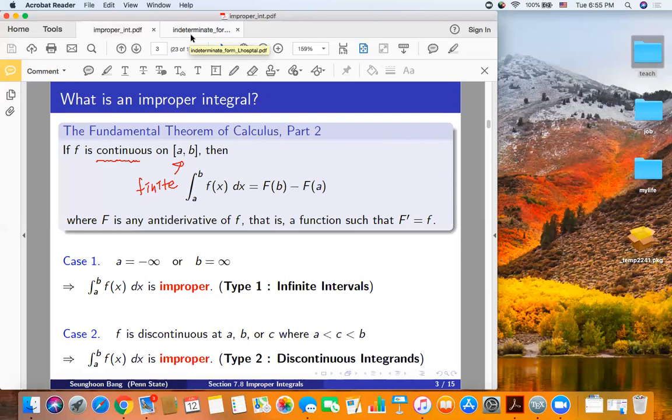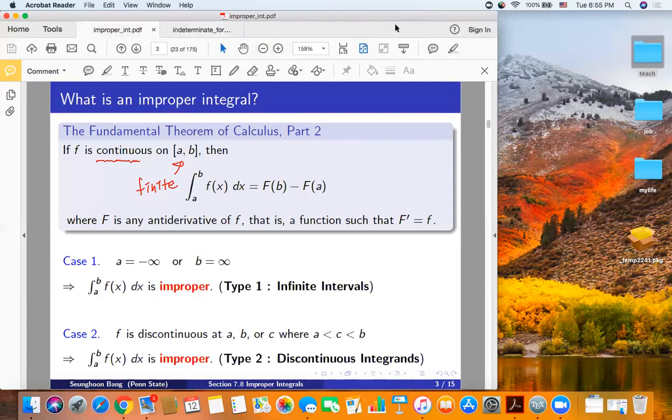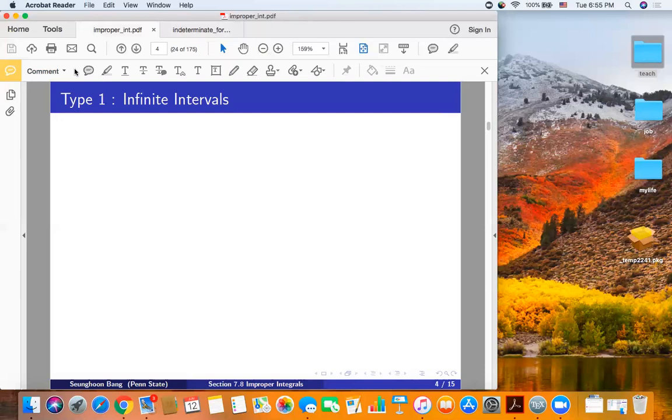How can we solve these improper integrals? We think about type 1, infinite intervals.